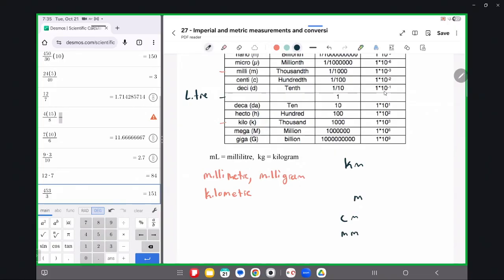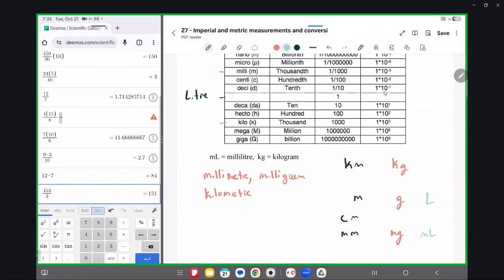When it comes to weight, you might be familiar with kilograms, grams, and perhaps milligrams. And when it comes to volume, you might have heard of the liter and the milliliter. Those are the common measurements that exist.